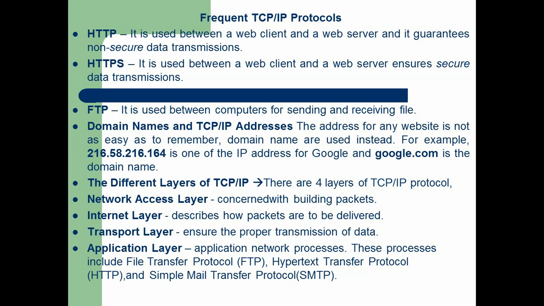That's why it is called HTTP. In the second protocol you can see an S is attached, that is HTTPS. It is also used between web client and web server, but the HTTPS protocol ensures security.